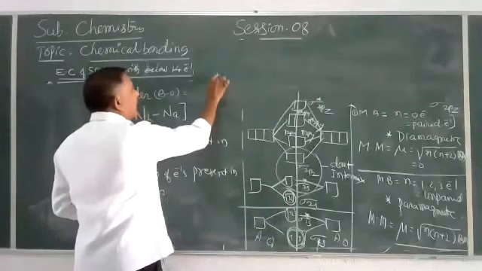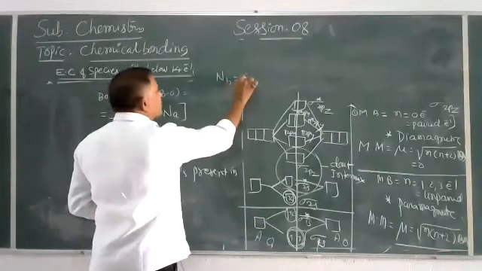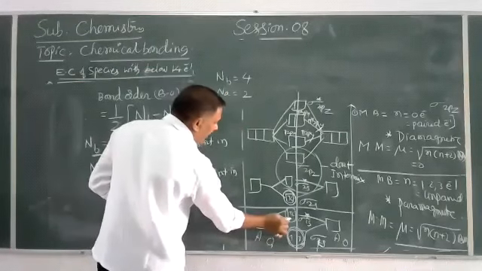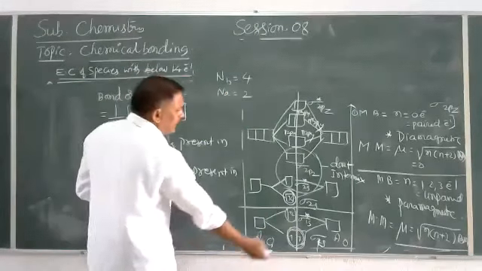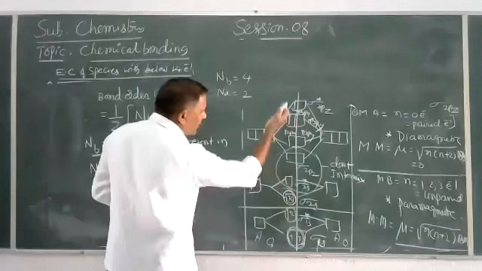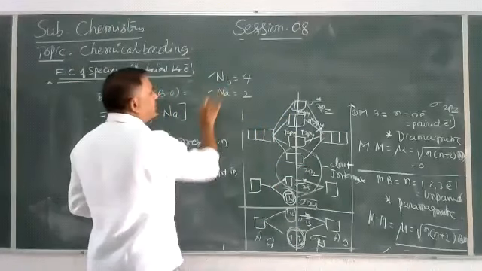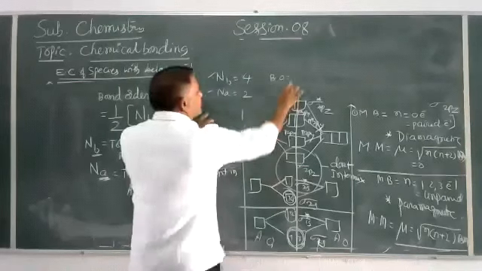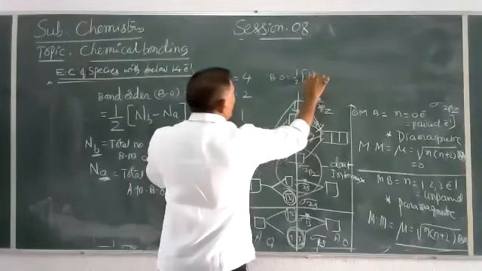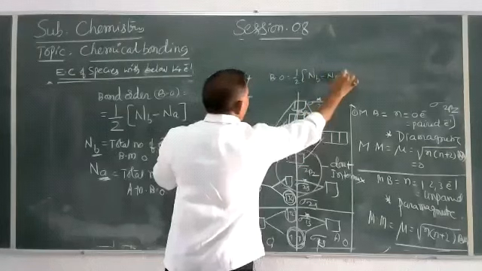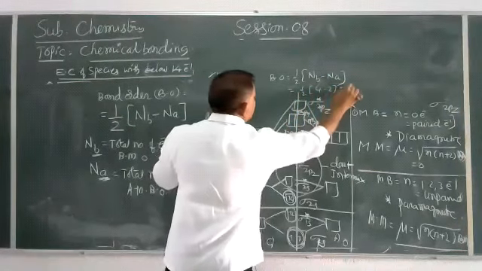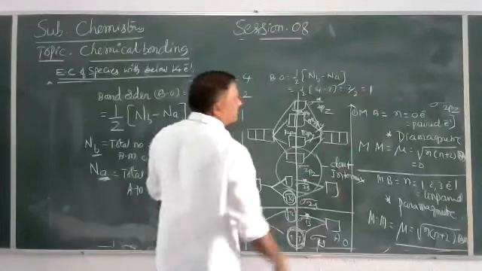So bonding electrons are 4 and antibonding electrons are 2. By using the energy level diagram, we can calculate the number of bonding and antibonding electrons. By using this, bond order equals 1 by 2 into NB minus NA, that is 1 by 2 into 4 minus 2, that is 2 by 2, that is 1.